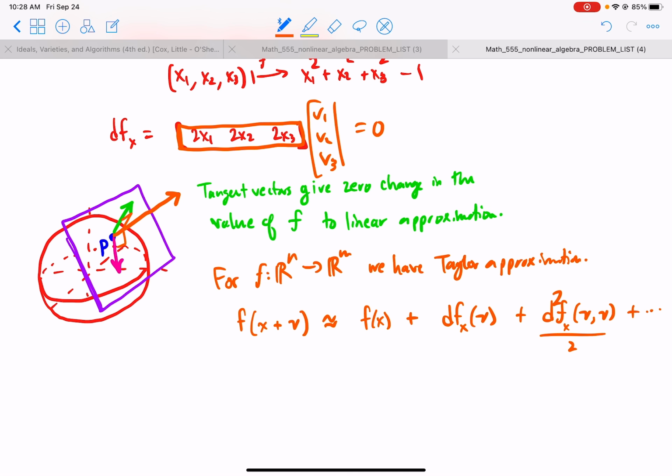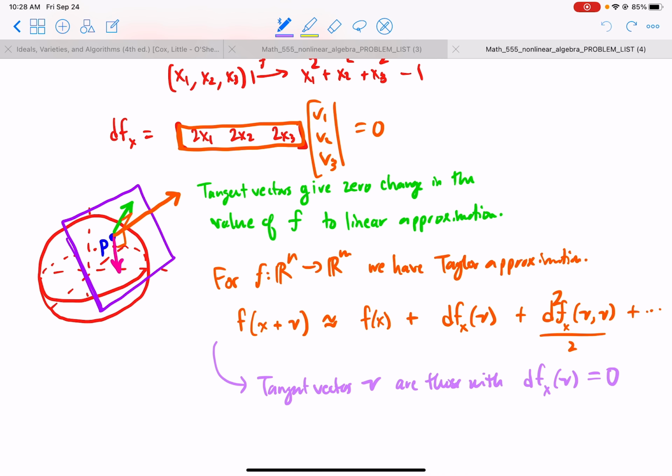And so, in this setup, tangent vectors v are those with dfx of v equal 0. So they're all the vectors v which are in the kernel of this matrix. In this case, we have a 1x3 matrix.